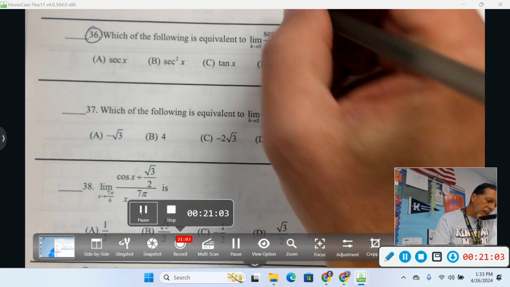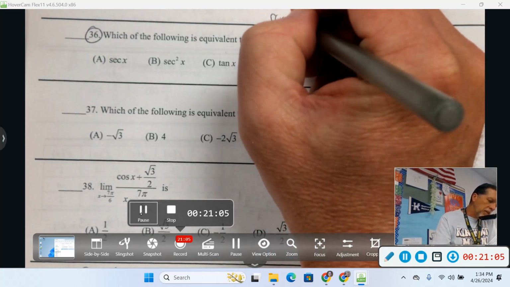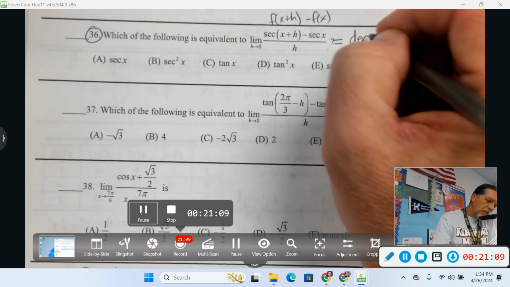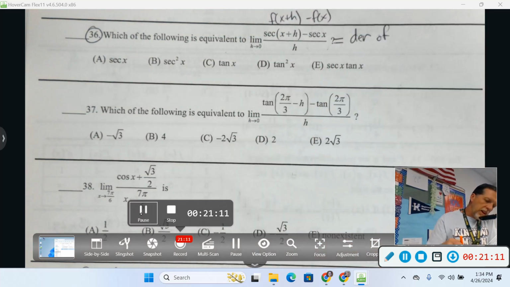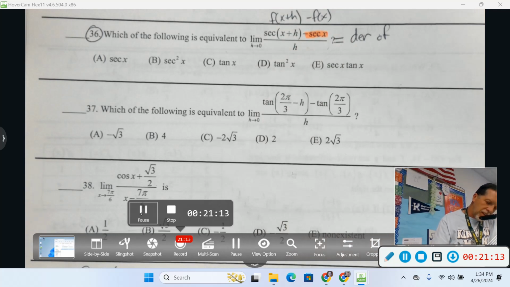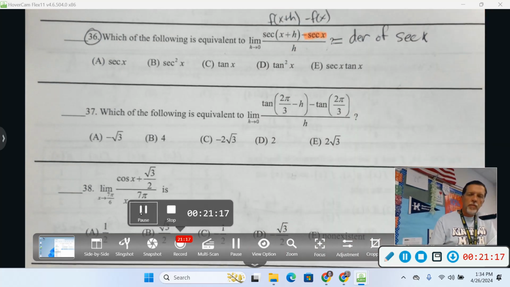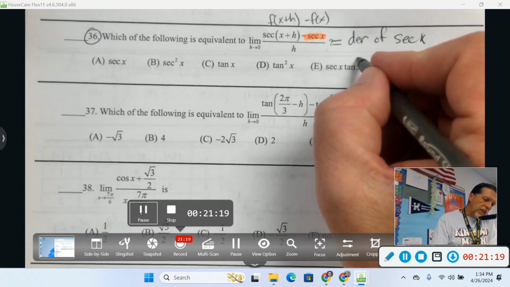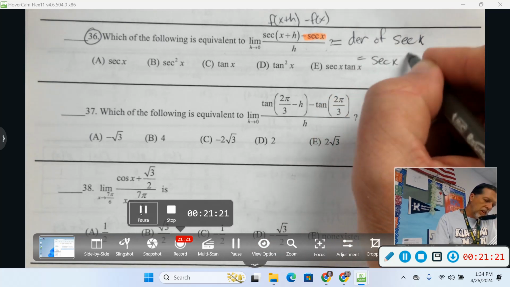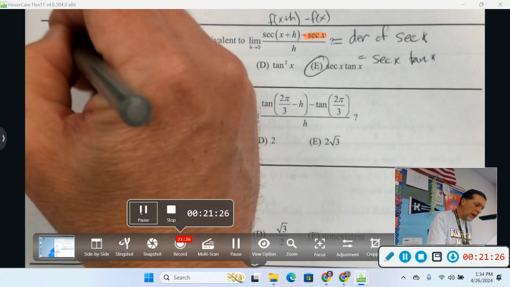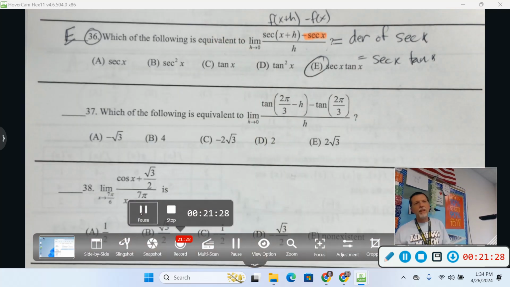Because that looks like the form of the derivative, f of x plus h minus f of x all over h. So that's the derivative of f of x, so it's the derivative of secant, and the derivative of secant is secant tangent. So the answer is E, not really because we did anything with a limit, except recognize that it was the definition of a derivative.